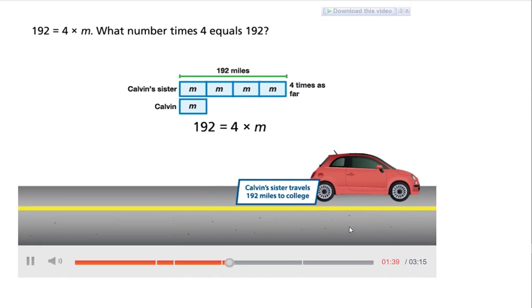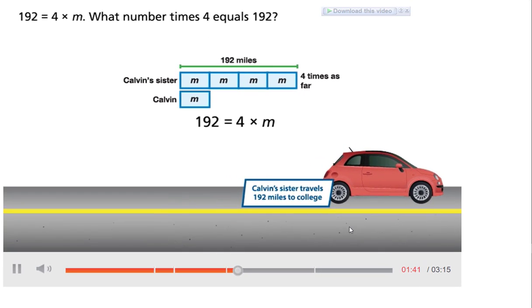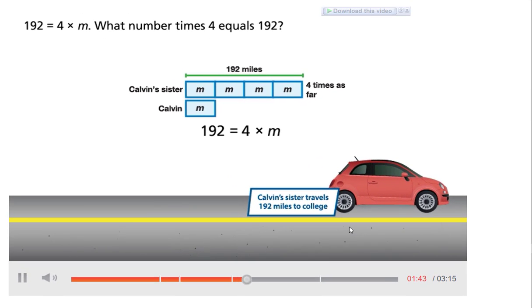192 equals 4 times m. What number times 4 equals 192? Okay, I want to ask a question here. Muhammad Hisham, if I ask you what number multiplied by 4 gives 192, what should we do to find m?